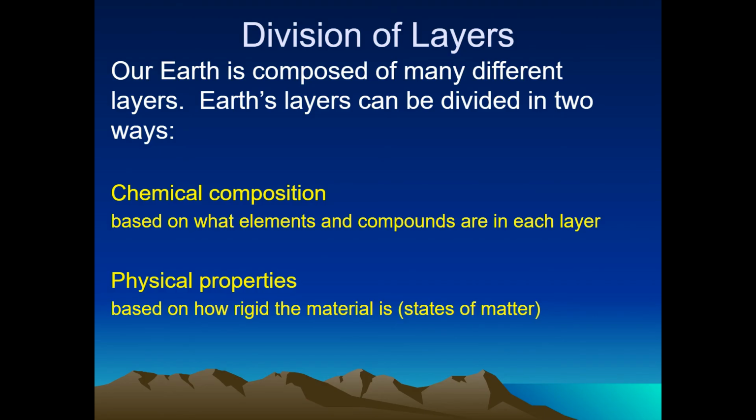And then we're going to shift to the physical properties, meaning what state of matter is this? Is it solid? Is it liquid? We don't have any gaseous layers in the interior of the Earth, which we can talk about. But what's the physical properties of that particular layer? So we'll go through each one, but it'll always be important.